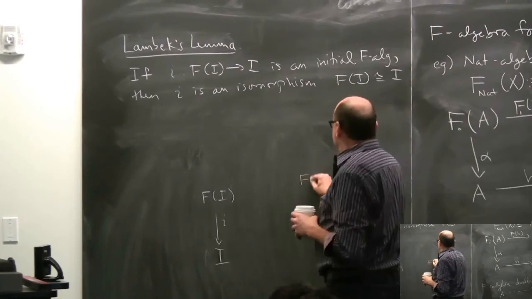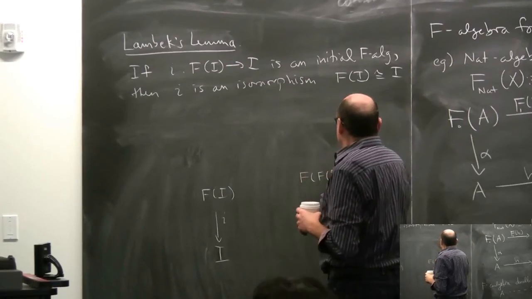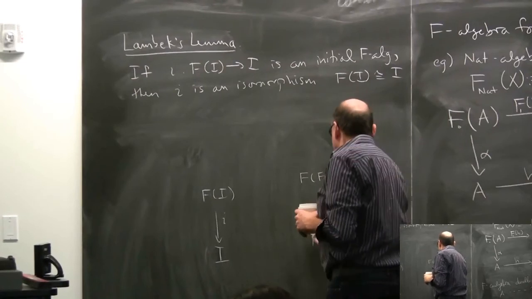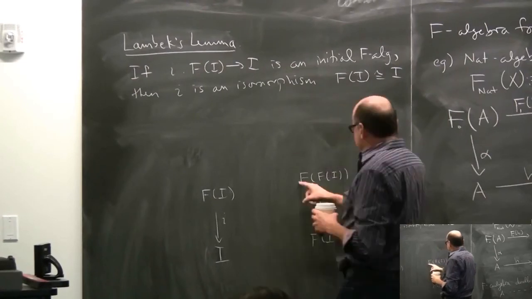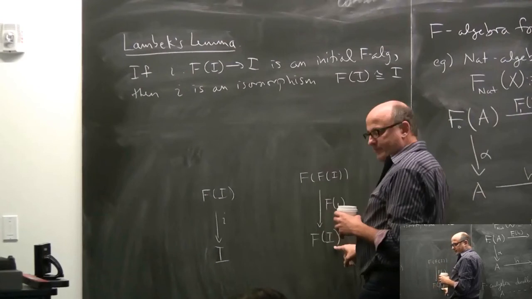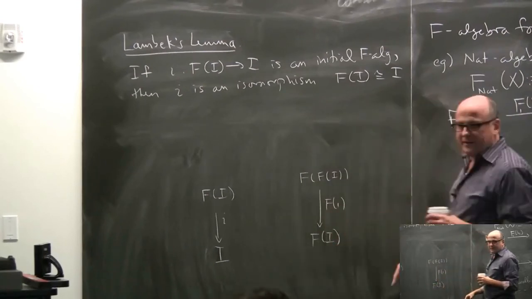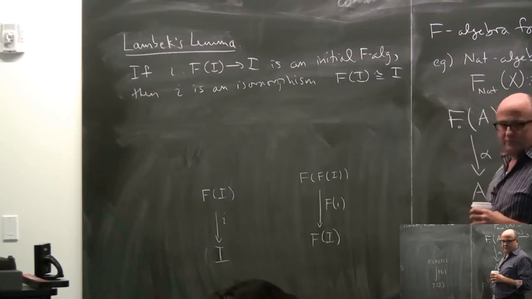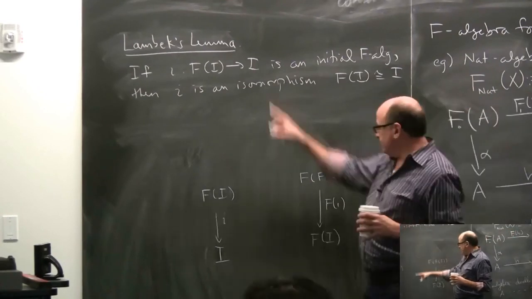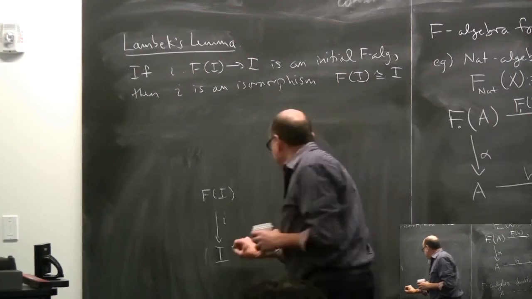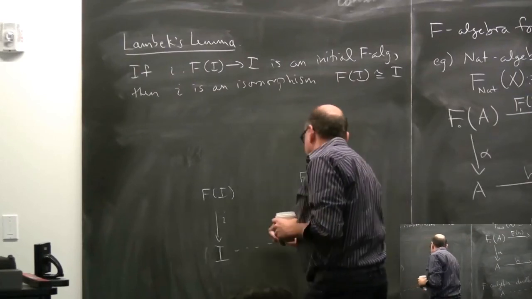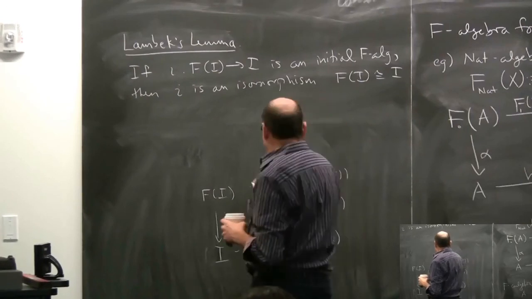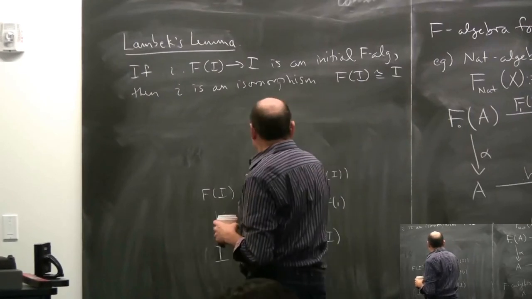So I have another F algebra, because it's F of whatever to whatever, and a mapping there. So that's an F algebra too. This one is by assumption initial. Because it's initial, there's a unique map that goes here. So this is F of bang.